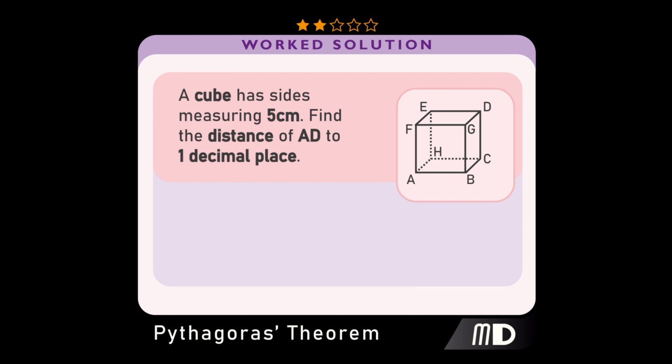There are 2 common methods for finding the missing length of one side of a right-angled triangle. Those methods are Pythagoras' Theorem and trigonometry.